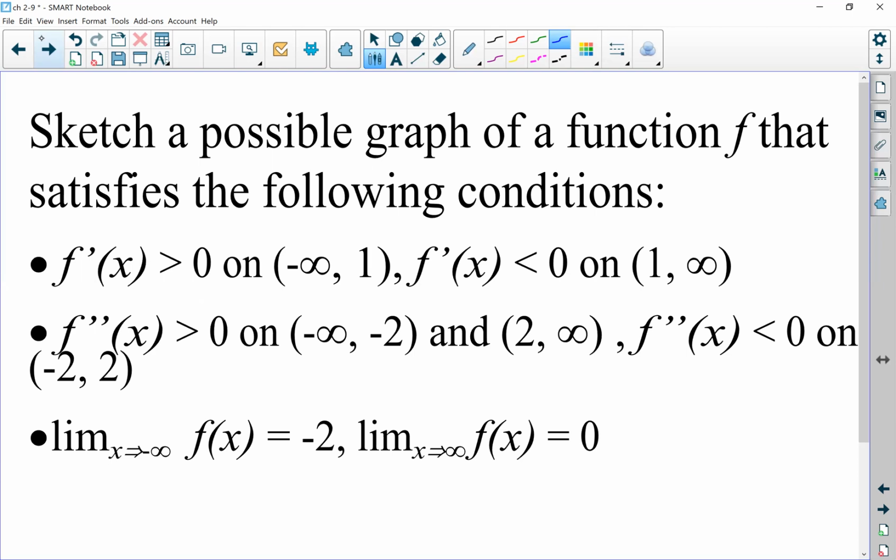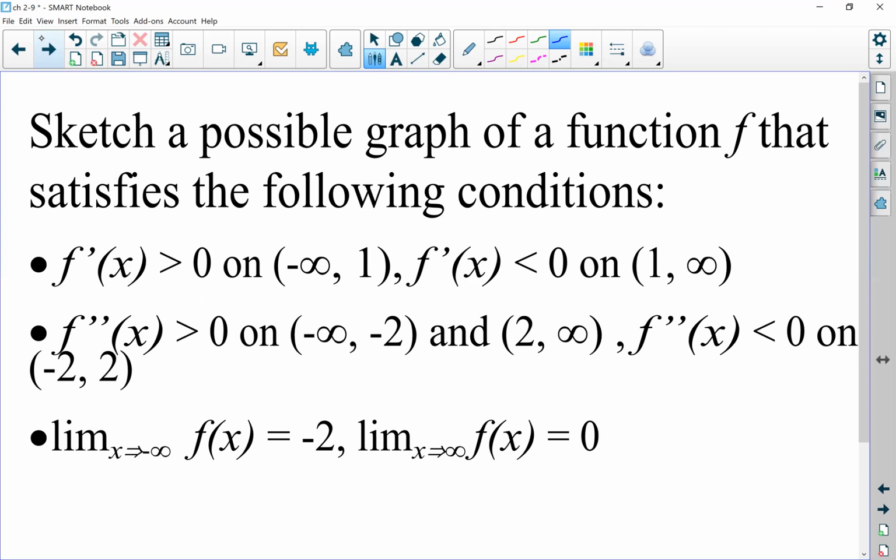So we're told that the first derivative is positive from negative infinity to positive 1, and it's negative from 1 to positive infinity. The second derivative is positive from negative infinity to negative 2, and from positive 2 to positive infinity, and it is negative from negative 2 to positive 2.